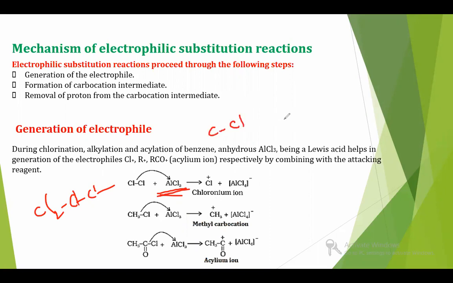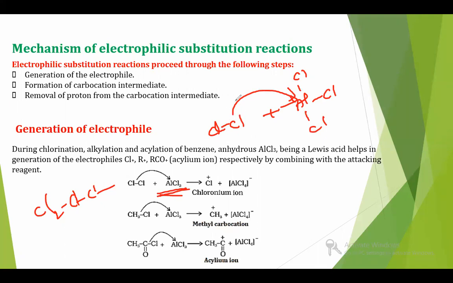Chlorine and chlorine, with iron or aluminum chloride, AlCl3. So what happened? The aluminum takes an electron, because this acid is an electron acceptor. One chlorine will be removed from this, so what will happen? This bond will have partial charges, since the electronegativity difference between them is 0.